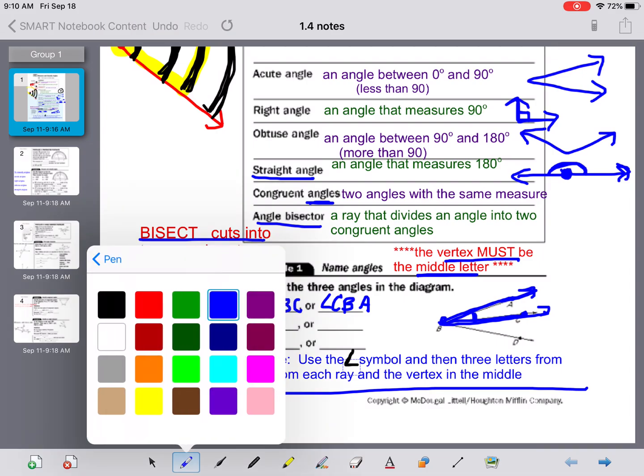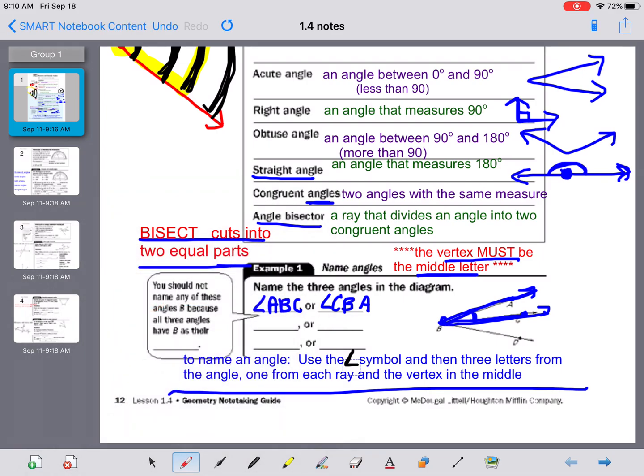All right, where's my second angle? Somebody says the bottom, down here, right? So I start at C, I go to B, and now I go to D. So I get angle CBD. Or I can flip it around and get DBC. Okay, so there's my second angle. So where's the third angle at?